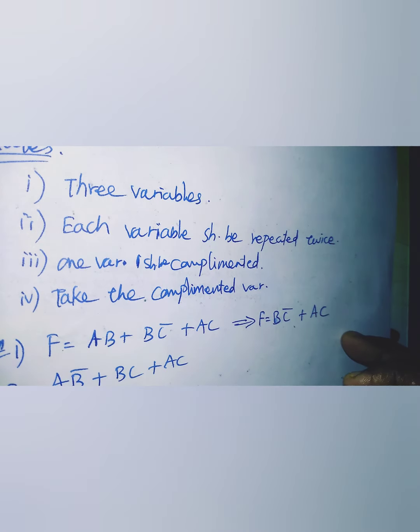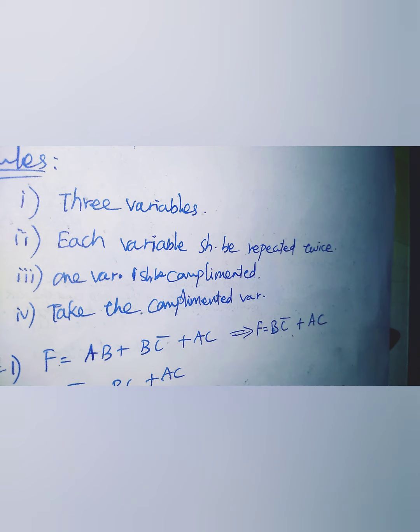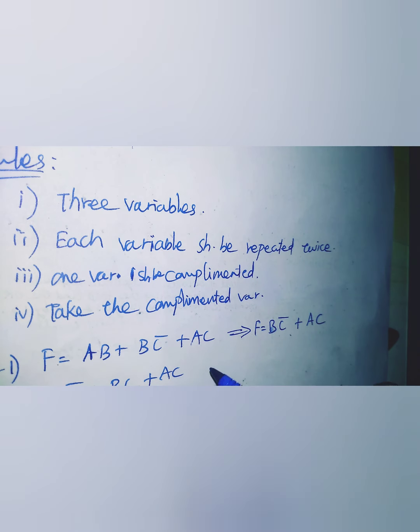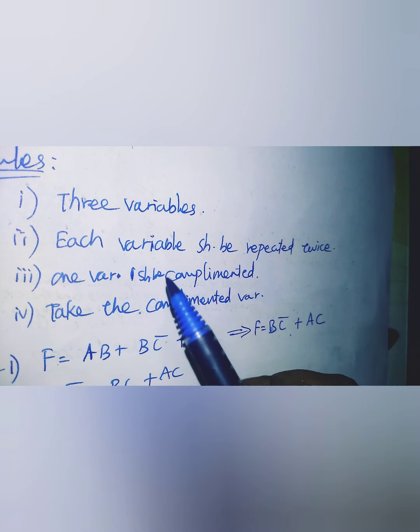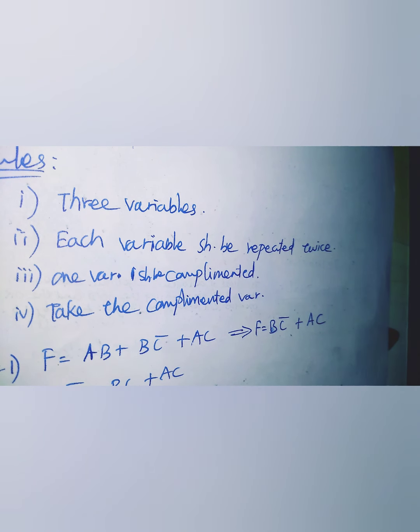For example, see this function: AB plus BC bar plus AC. Just apply these rules. First of all, check whether this expression has 3 variables. Yes, it has A, B and C. Either complemented or not complemented, both are acceptable.